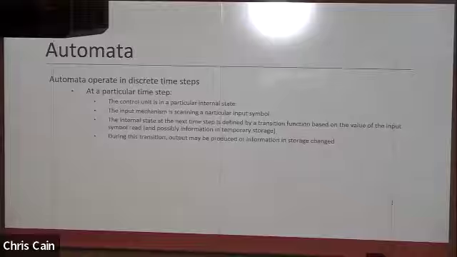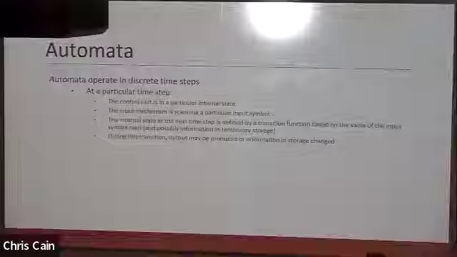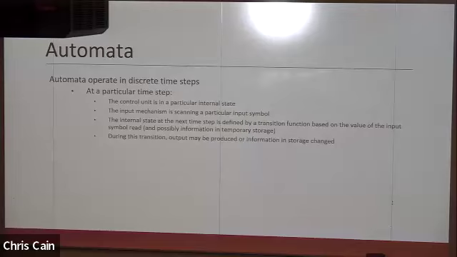As we transition, we may be producing some output if we are outputting a string. The internal storage, or the RAM of the system, may change. There is a configuration, and the configuration is just a tuple of the current state of the control unit, what the input file looks like, including our position within that input file, and the values of the temporary storage, kind of a snapshot in time of what this system looks like.